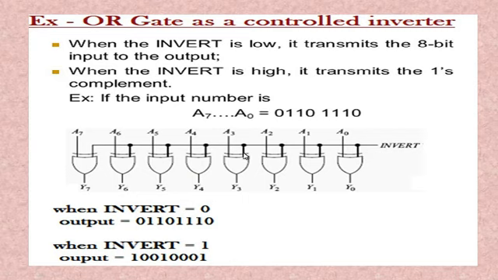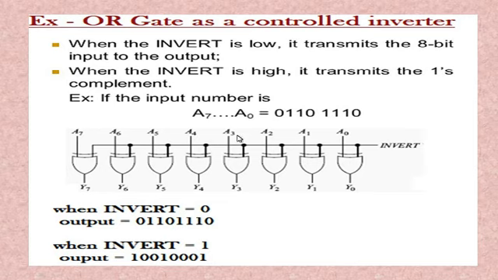A single input from all the gates is connected to this common input called invert, and another input is given separately from A7, A6, A5, A4, A3, A2, A1, A0, and their respective outputs are Y7, Y6, Y5, Y4, Y3, Y2, Y1, Y0. Students, you can construct a 4-bit controlled inverter. Now let us see how it converts input to an inverted output.